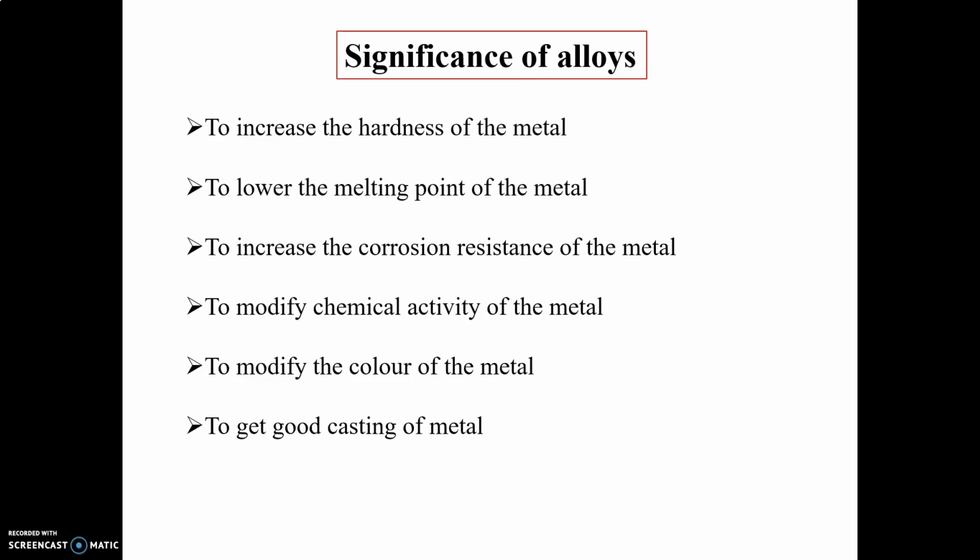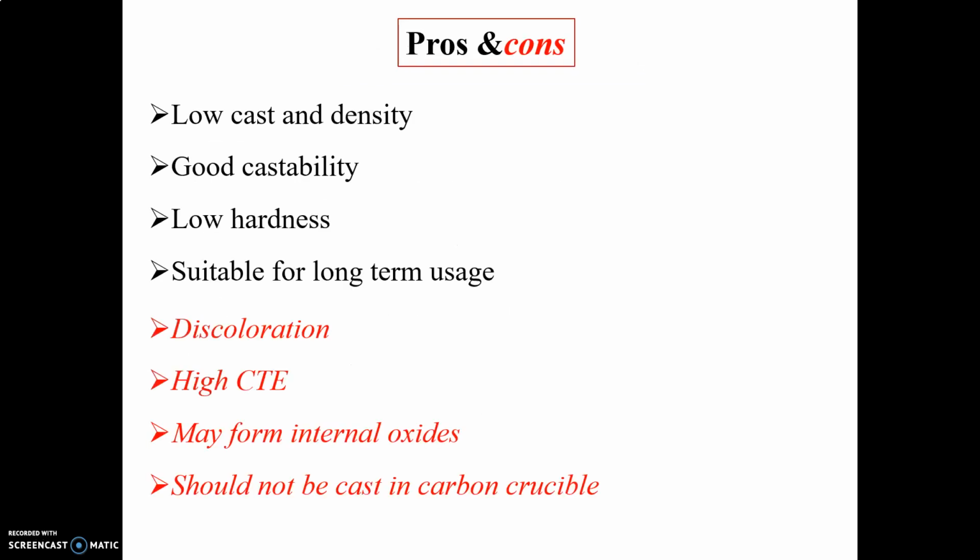Sometimes a pure metal may exhibit good catalytic activity, or it may not exhibit any. By fusion with some other metals or non-metals, the catalytic activity may get enhanced or suppressed, depending on the requirement. Modify the color of metals. Depending on the need of color, you can fuse a metal with different materials to achieve the desired properties. To get good casting of metal. These are the major significance of alloys.